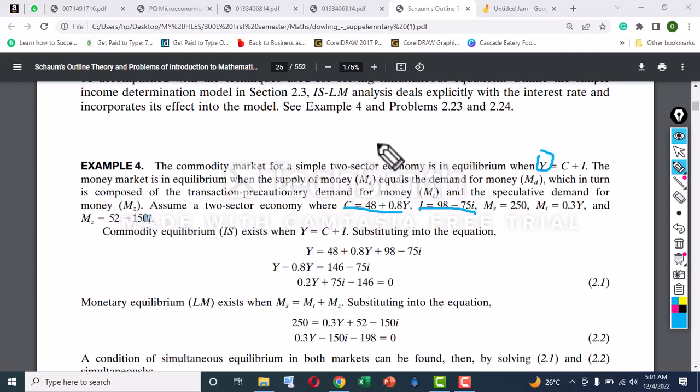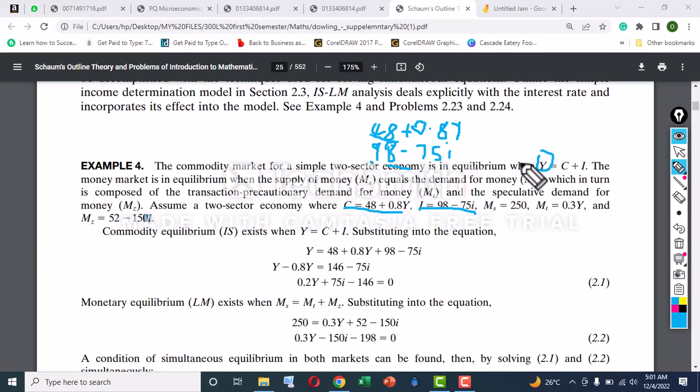So our C is 48 plus 0.8Y, and you are going to add it to 98 minus 75i. So this is a number, we don't have any unknown with them, so you can add these guys together.